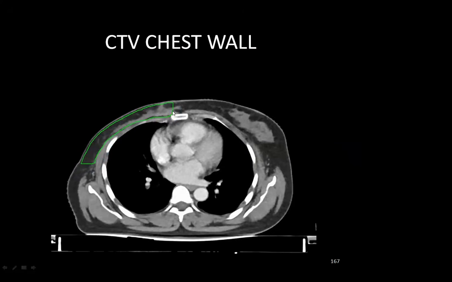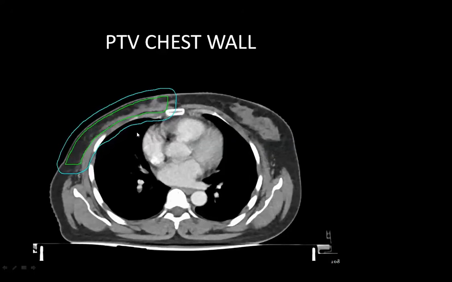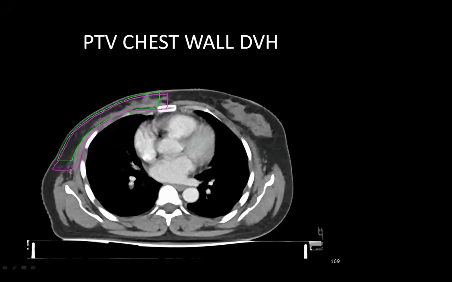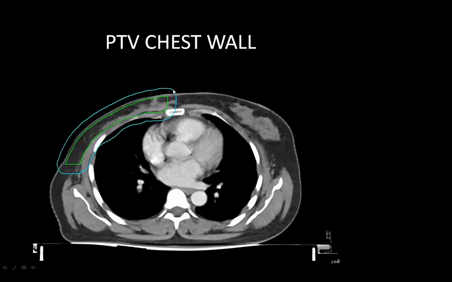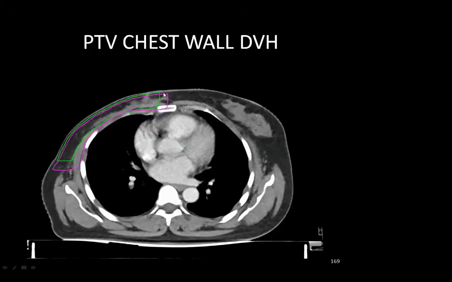It's the internal thoracic artery boundary, and laterally the lateral thoracic artery boundary. So from here to here, you have to contour, and after that you give a 1 centimeter margin. But for the DVH evaluation, you have to take 0.5 centimeter from the skin and 0.5 centimeter from the chest wall. So this will be your evaluation DVH.